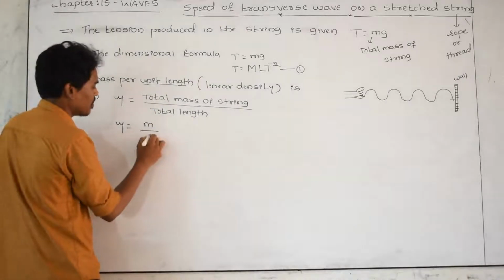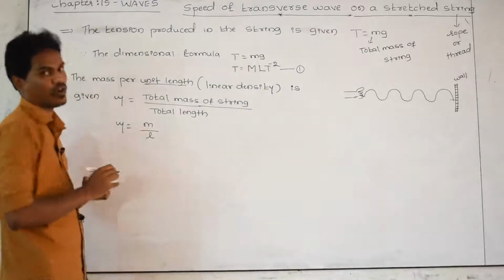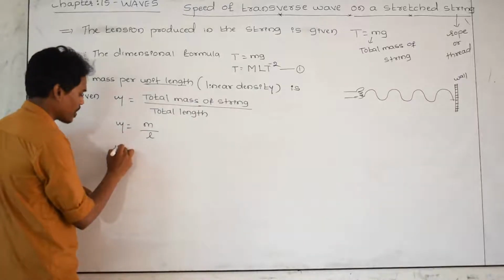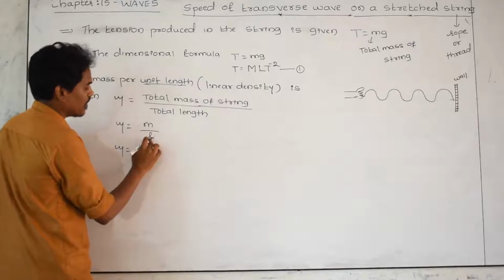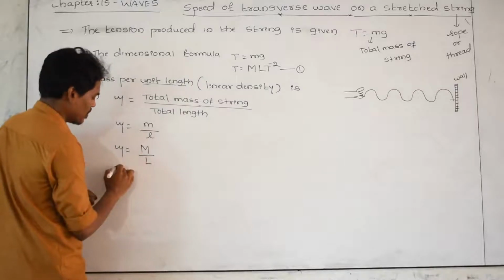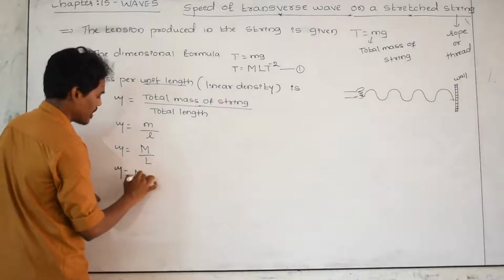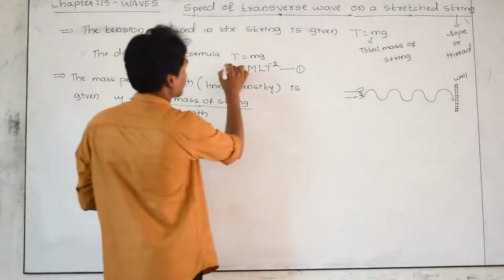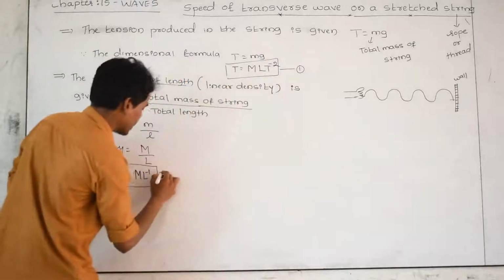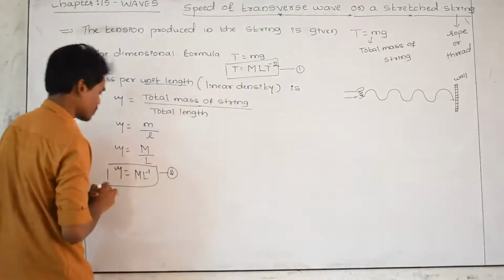Total length is nothing but small l. The dimensional formula of this m is capital M and l is capital L, and mu is equal to m L raised to minus 1. You are getting this one, and this is equation 1, and let us take this as equation 2.